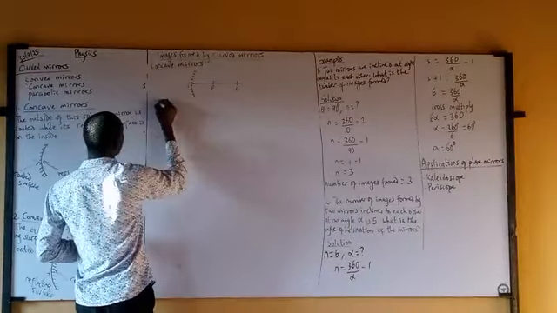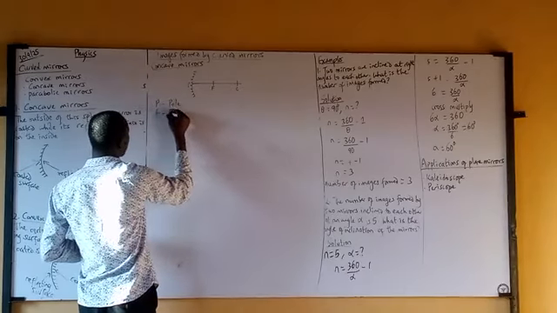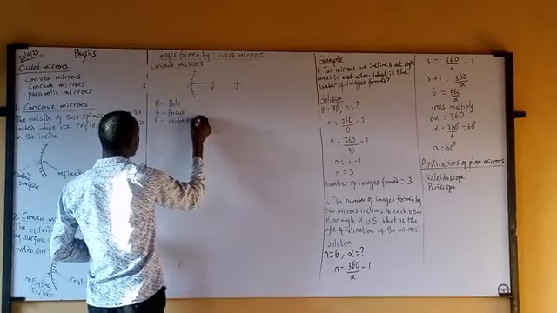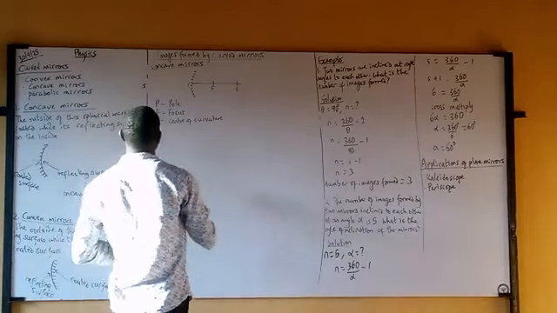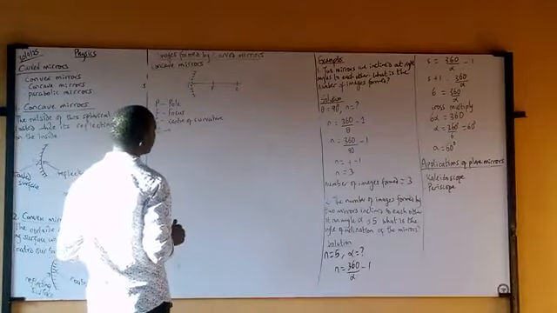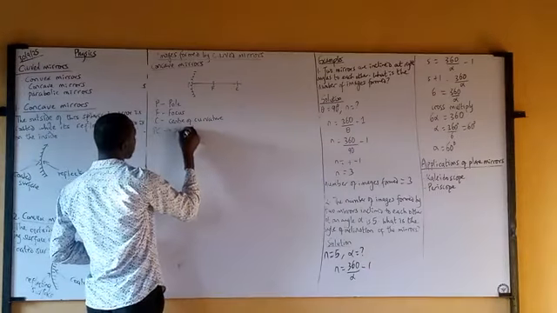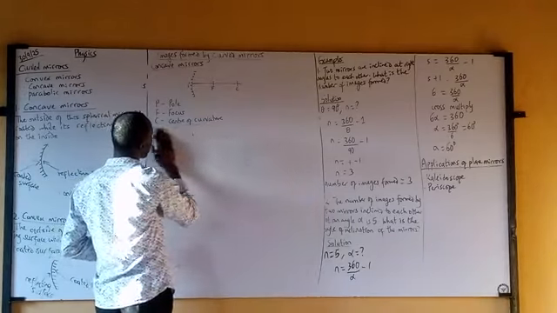So P is called the pole. F is called the focus. C is called the center of curvature. PC is called the principal axis.